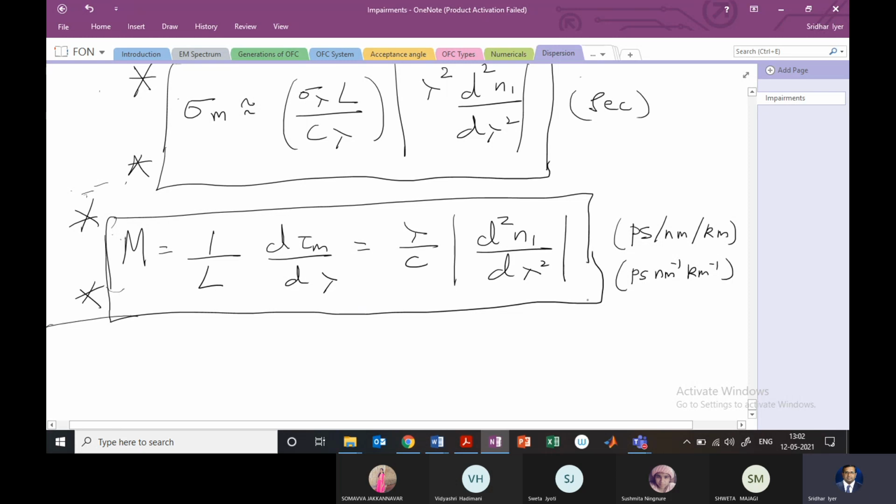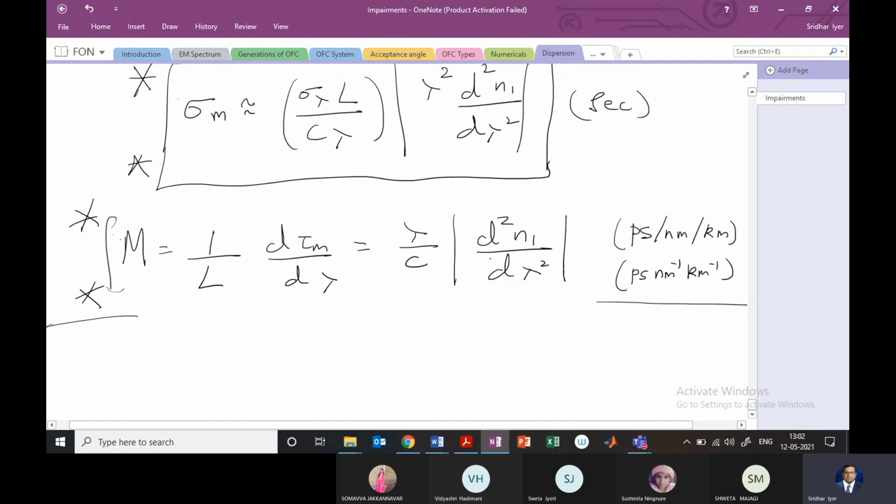Those fiber types are very important, because the fiber is not just single mode or multi-mode fiber, which we have discussed. Rather, there are different kinds of other fibers which exist. In practice, those kinds of fibers are part of single mode and multi-mode fibers only, but they are different types where the dispersion is much lower.